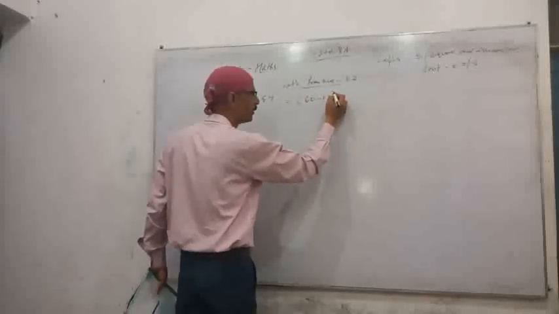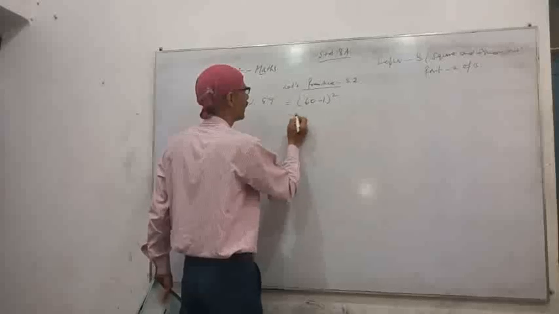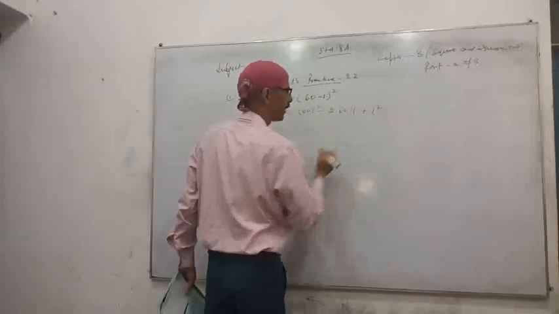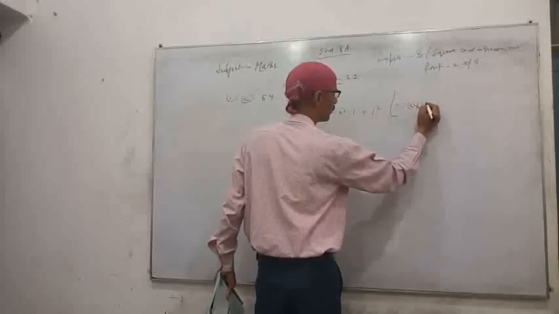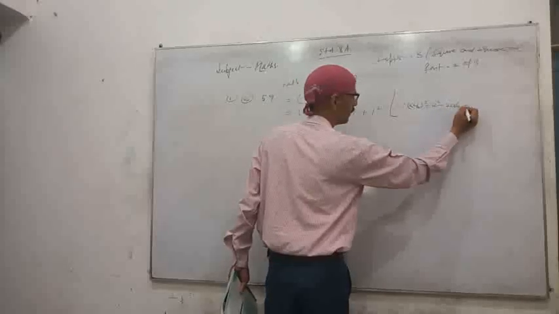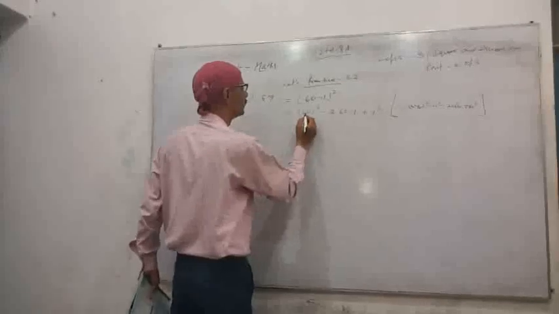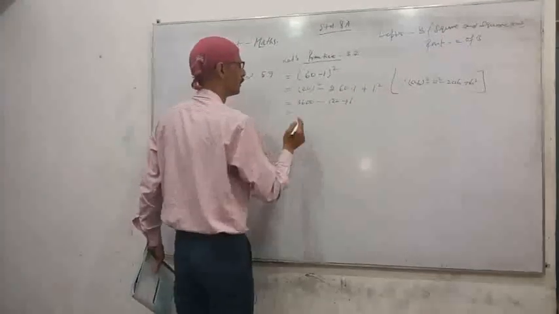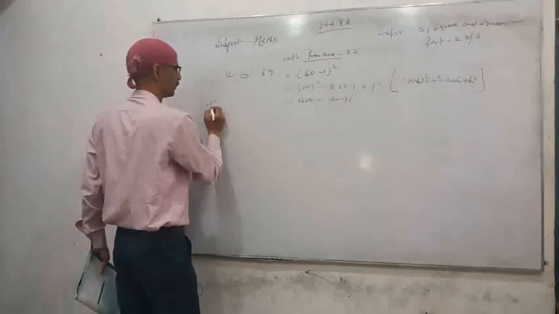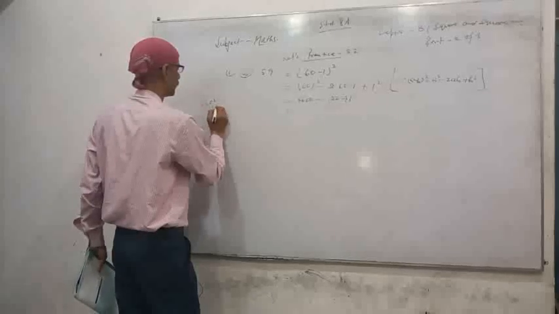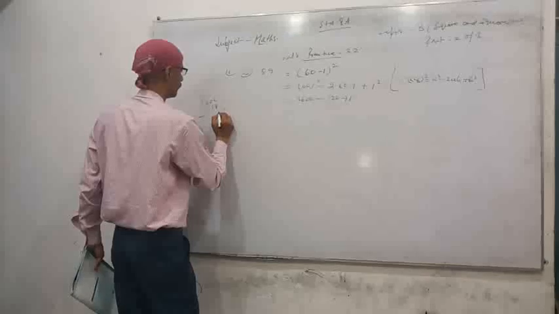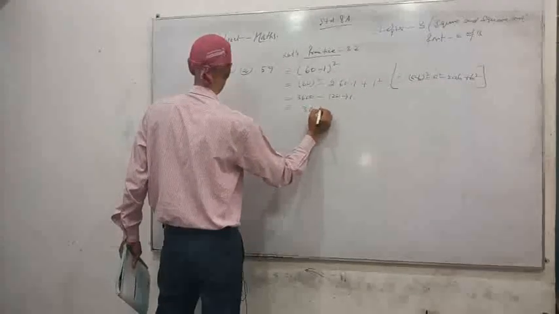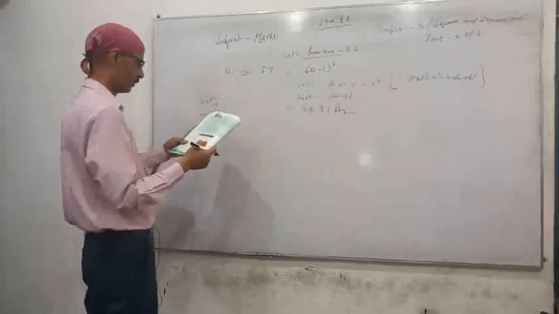That means 60 minus 1 whole square, and you can write 60 square minus 2 into 60 into 1 plus 1 square, since a minus b whole square is equal to a square minus 2ab plus b square. So now solve. 120 plus 1. 3481.